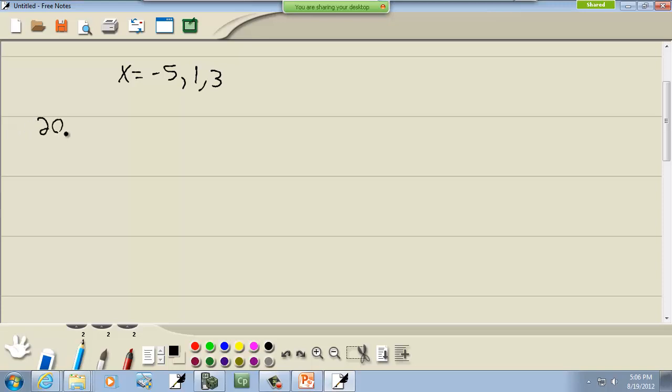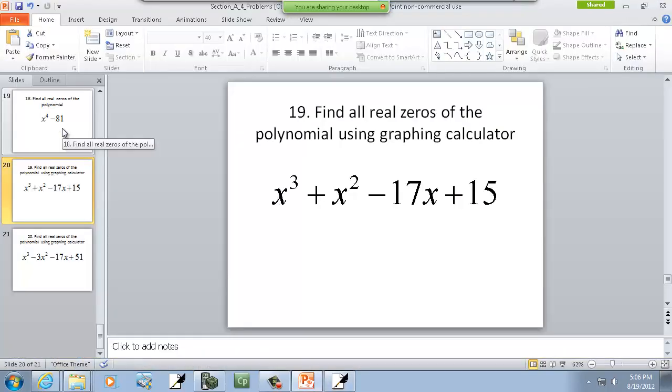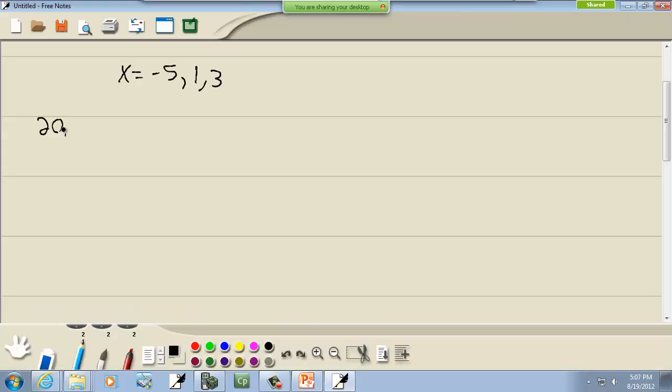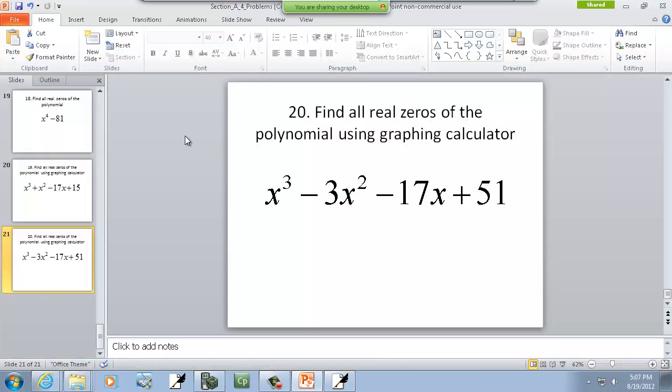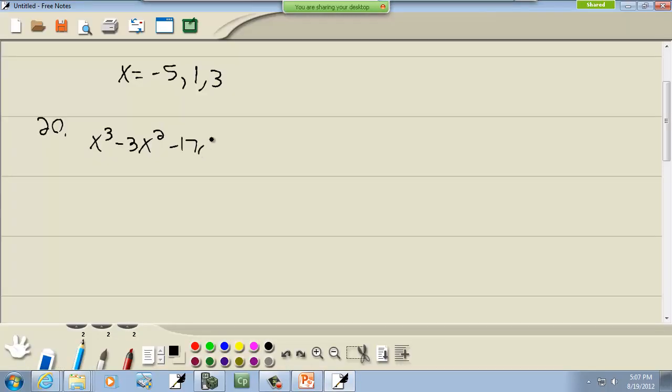Let's look at the last problem. You got x to the third minus 3x squared minus 17x plus 51. And we're finding all the real zeros, so we set it equal to 0. We're going to put this on y1, and we'll put this on y2.